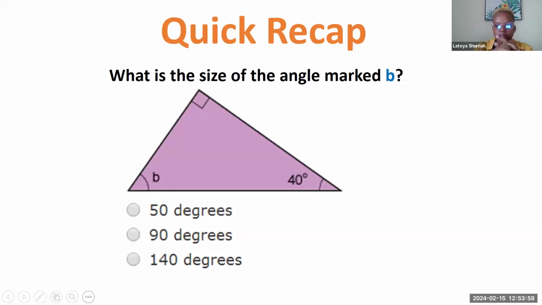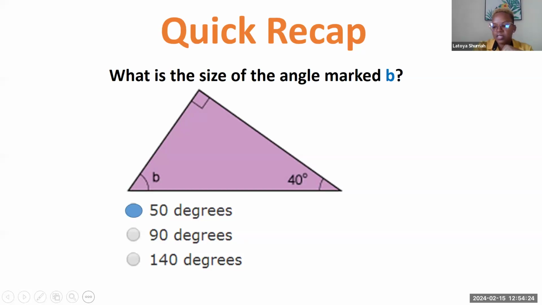So I know that a right angle is equal to 90 degrees. So 90 degrees and 40 degrees is 130. And then I'm going to subtract 130 from 180 degrees, which is the total. All degrees in a triangle should equal 180. So subtract the 130 from the 180 to get 50 degrees. All right, thank you, sweetie.